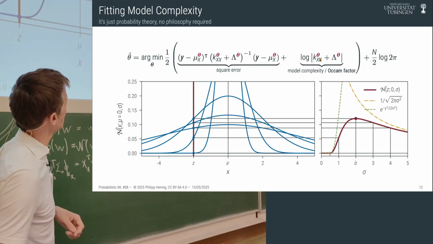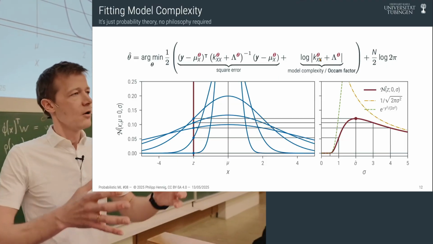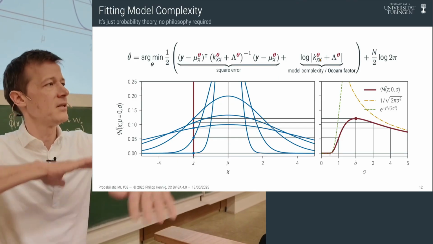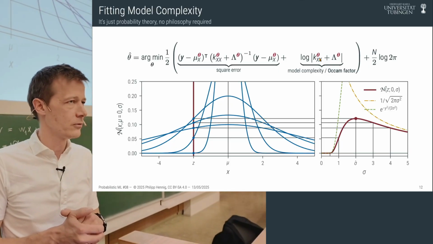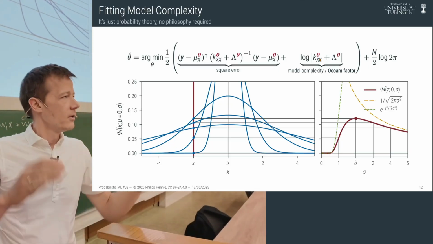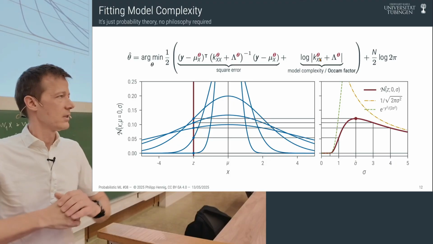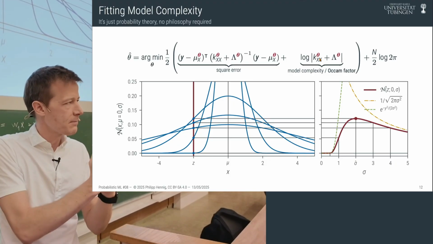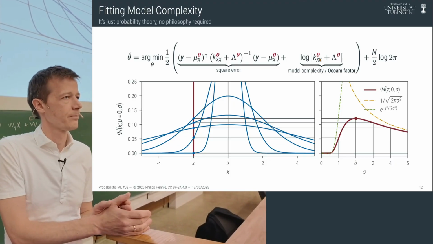And if that volume is large, then our distribution will have to put low probability on every single one of these function values. And therefore, we might consider it a worse model than a more compressed model that puts a high probability on only a few predictions.